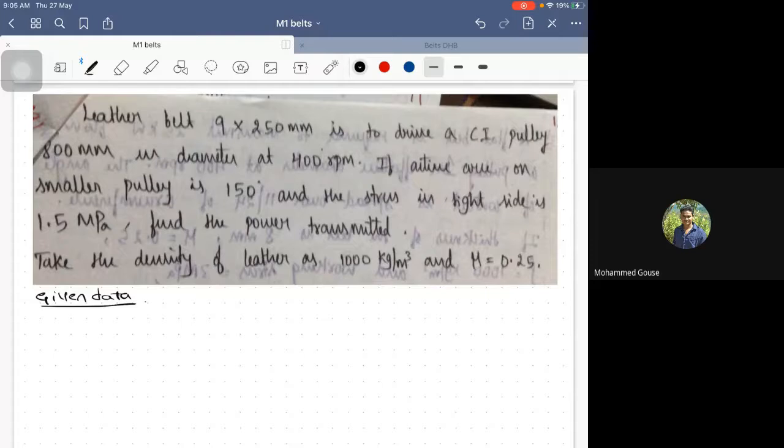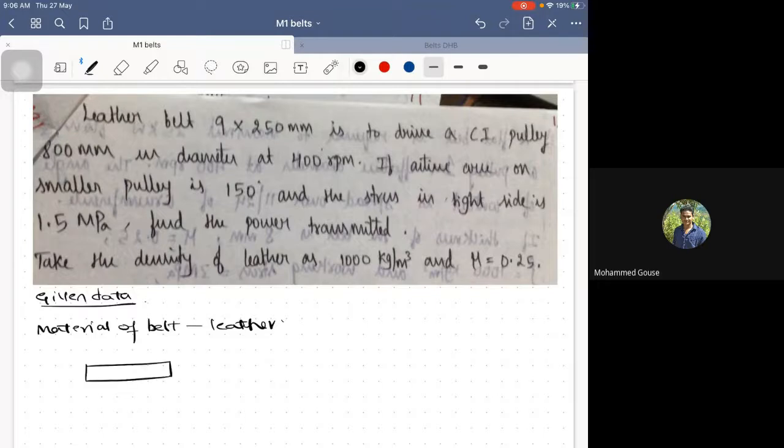So first he says the material of the belt is specified. That is leather. Even the size of it is specified.